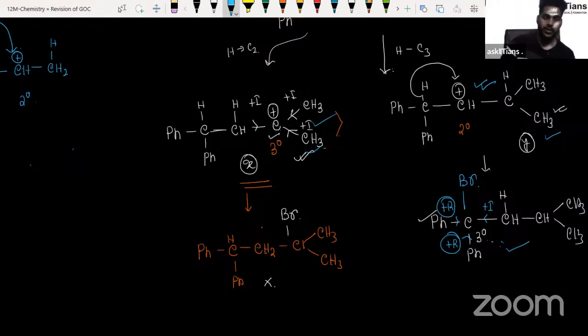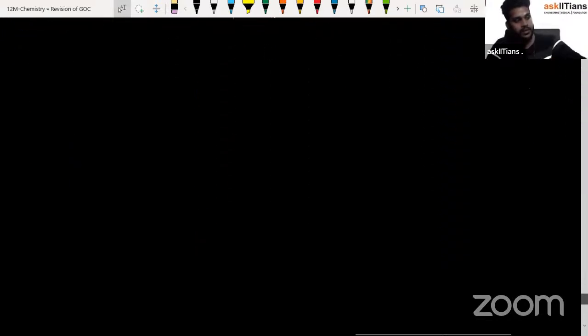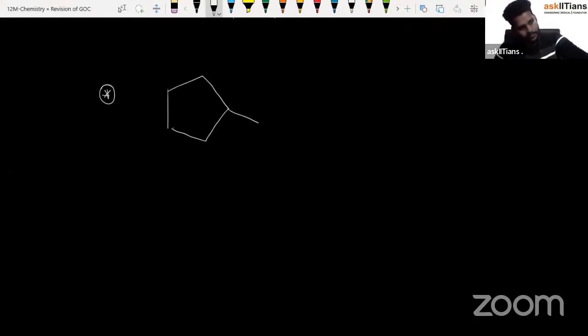Okay. So now let's solve a question which is out there in JEE, which came in JEE according to the memory-based papers. Now see what they're asking. They're given this molecule, and they're saying what would happen if I give H plus to this molecule.